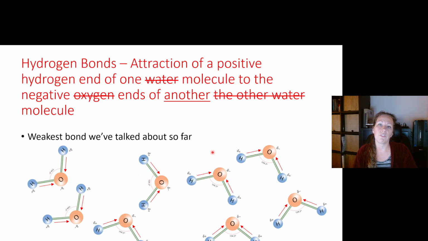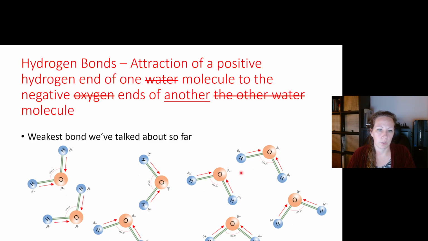And these bonds are very easily broken, but they are responsible for something called surface tension. And so just visually, what you see happening here is the hydrogens are going to orient themselves towards the oxygen and produce this weak bond. And it's the partial positive charge on the hydrogen that is attracted to the partial negative charge on the oxygen.